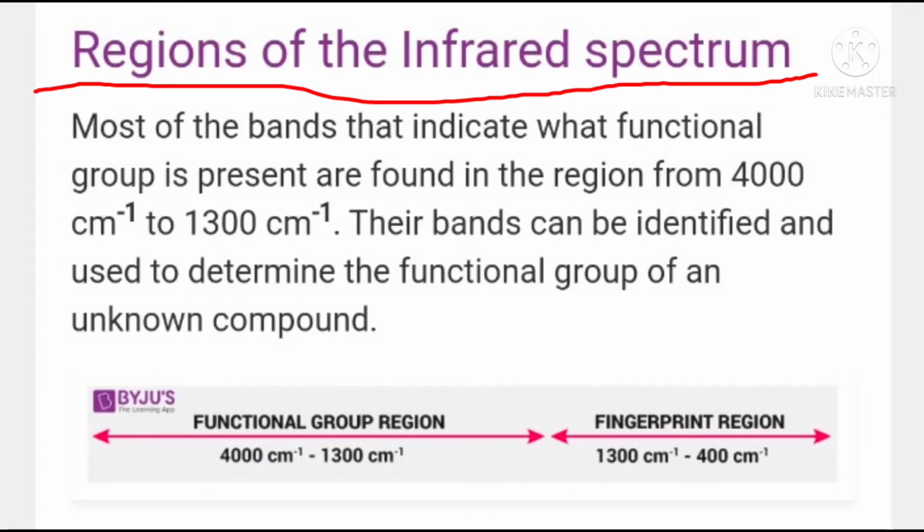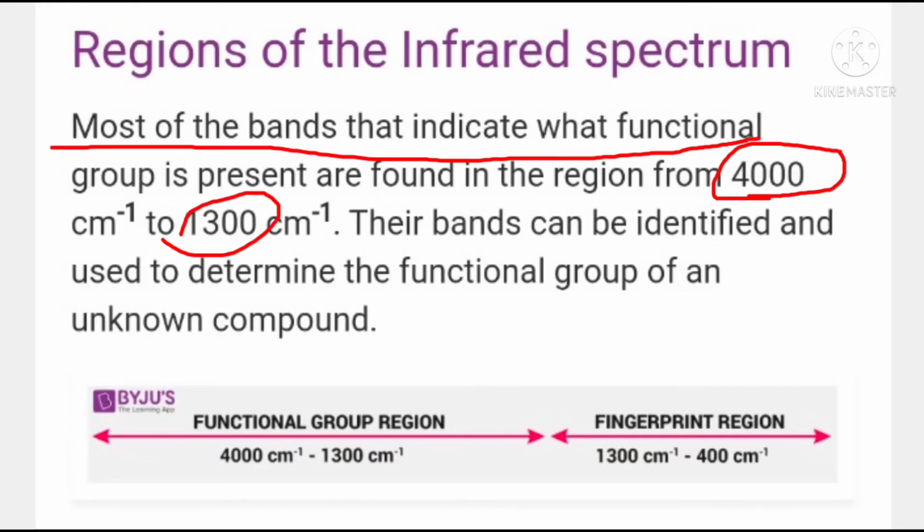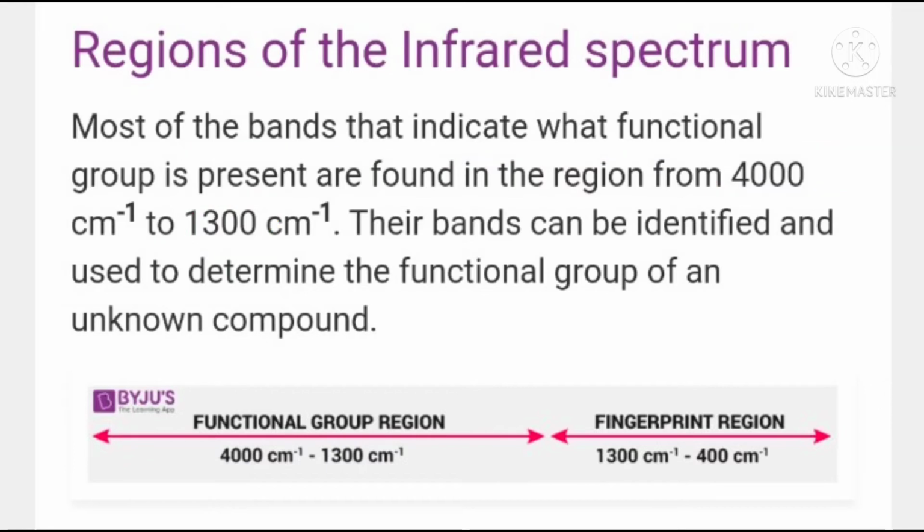Then we see regions of the infrared spectrum. Most of the bands that indicate what functional group is present are found in the region from 4000 centimeter inverse to 1300 centimeter inverse.